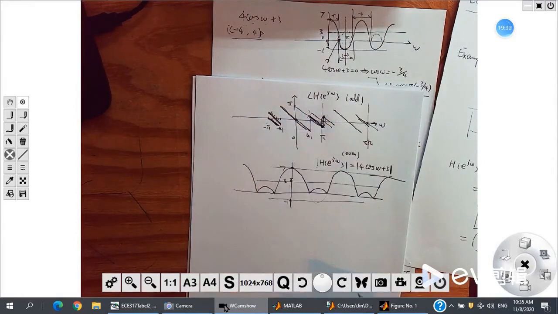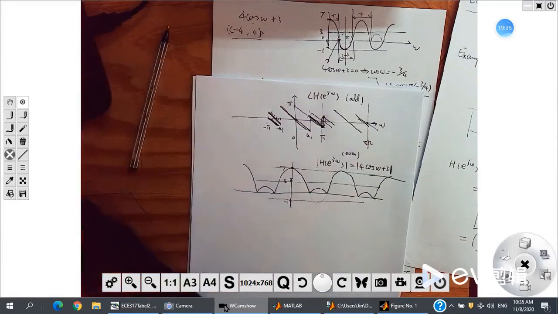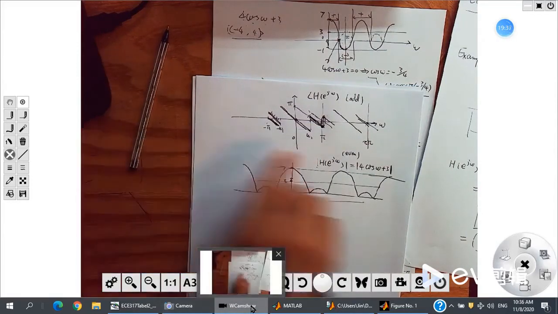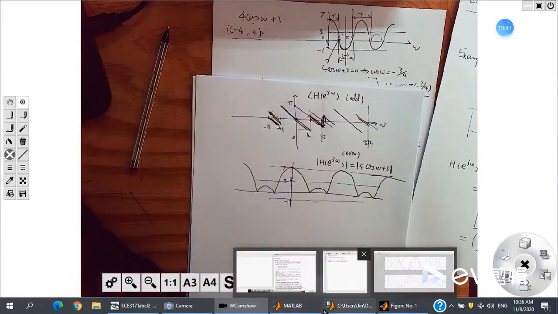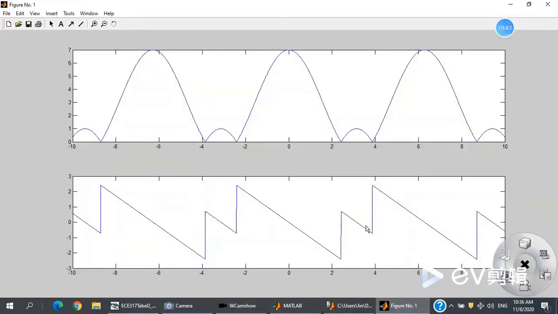So when you have two pieces, they merge together, they connect together. So the graph should look like this. From 0 to pi, this is one cycle. From pi to 3 pi, this is another cycle. And to 3 pi is here, then another cycle.